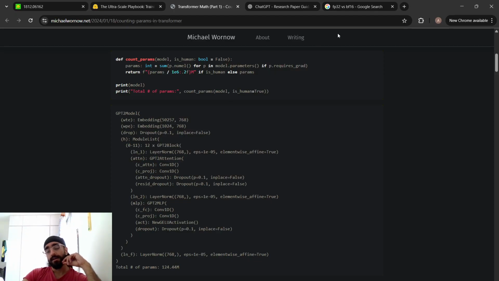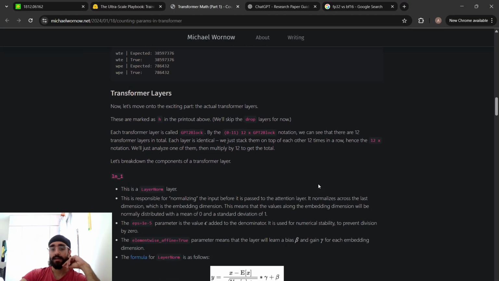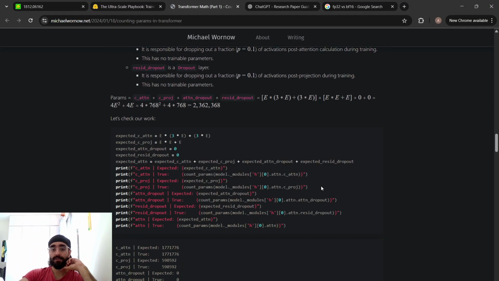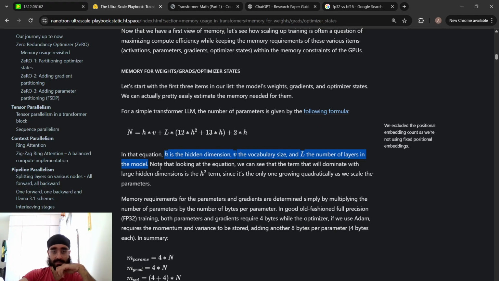So calculating the parameters for each sub network and aggregating them across all the sub networks and across all the transformer blocks, we can get a formula for the total parameter count, which is this. They mention H is the hidden dimension, V is the vocabulary size, and L is the number of layers in the model.